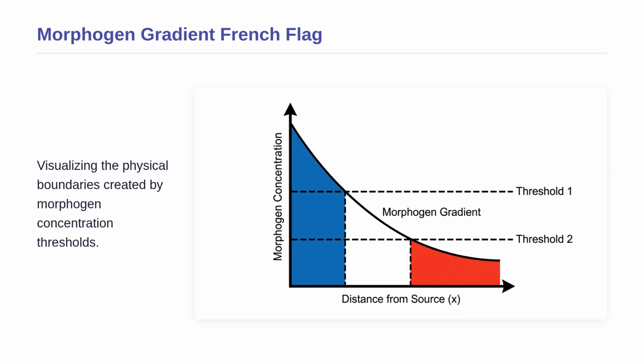The horizontal dashed lines represent the genetic thresholds, like the 27 nanomolar limit we just used. Where the gradient crosses these thresholds, it creates sharp vertical boundaries. These boundaries divide the tissue into distinct territories, shown here as blue, white, and red zones, each destined to become a different part of the organism.